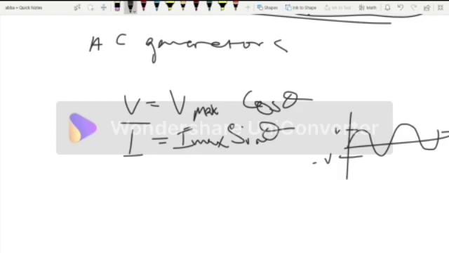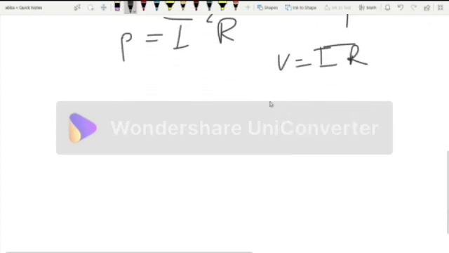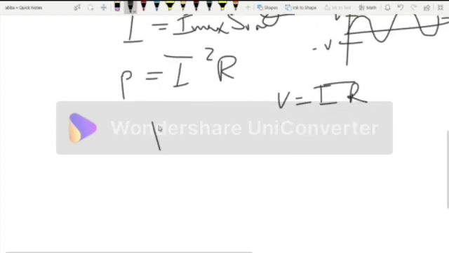Now, AC power. We say AC power is equal to I squared R. Remember that this formula comes from the formula V equals IR, right? Power is equal to VI.